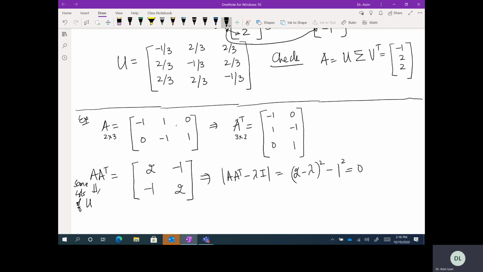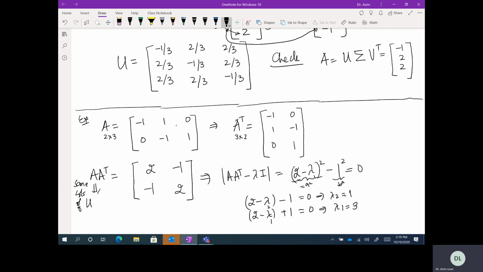So I can also write this as a square minus b square, and a square minus b square is a minus b into a plus b. And this is equal to 0. Which one is the higher one? This one is the higher one. This is 1, this is 2. So this implies lambda 1 is equal to 3, and lambda 2 is equal to 1.